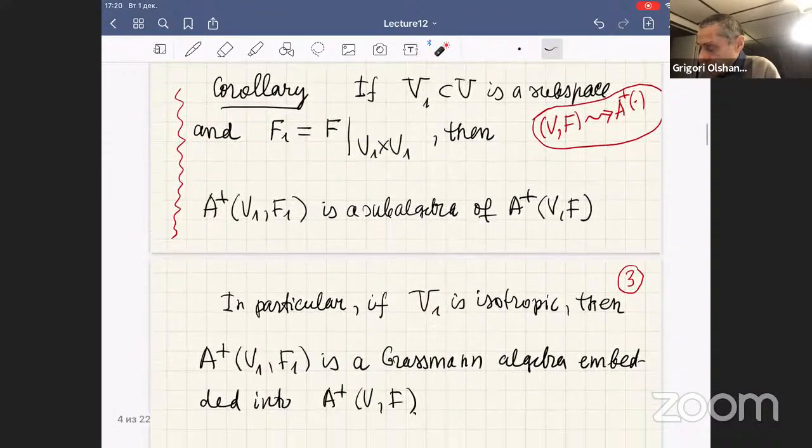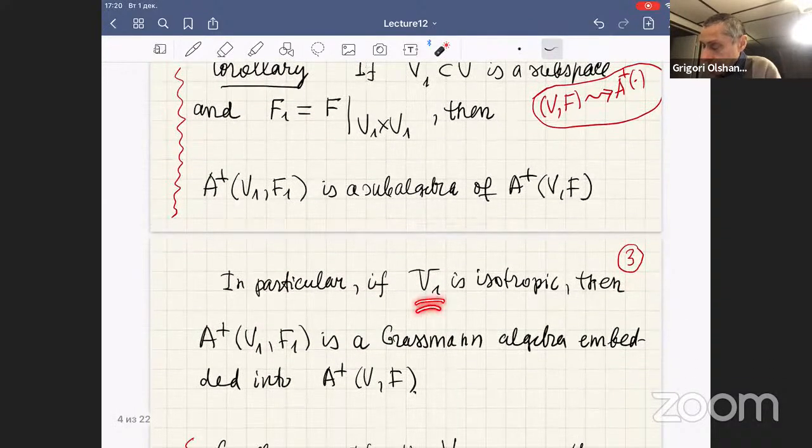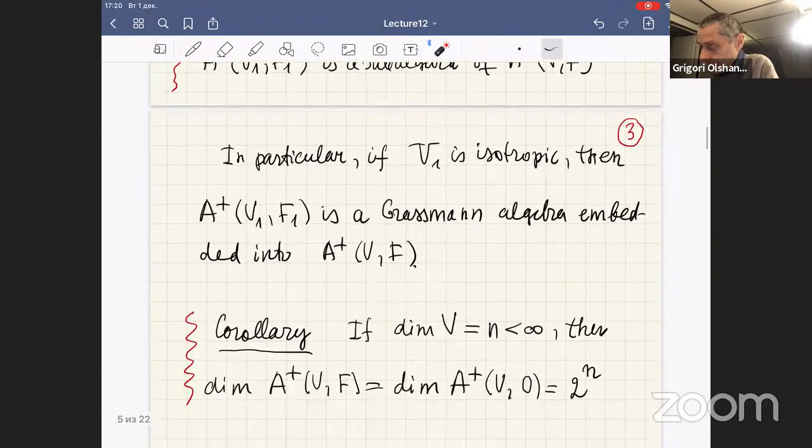And in particular, if our subspace is isotropic, which means that our form is identically equal to 0, then this is a Grassmann algebra, which is contained here. Okay, so these are trivial remarks.